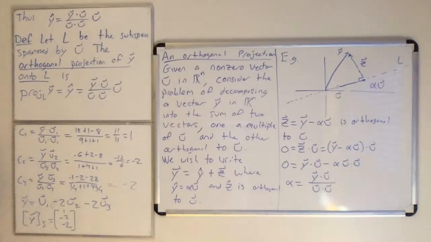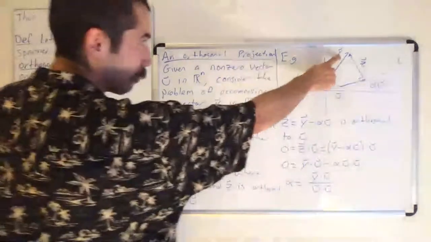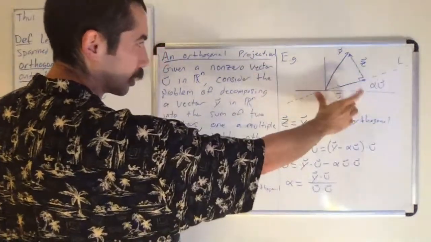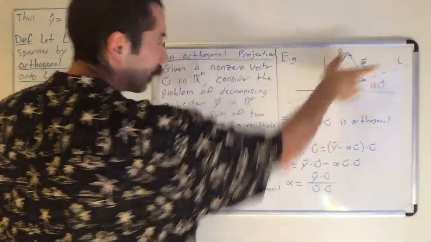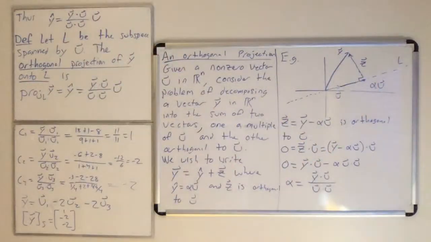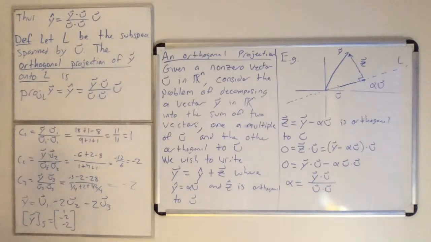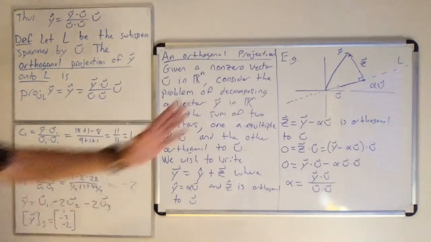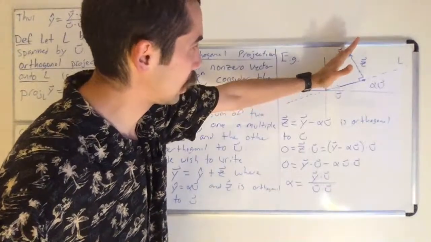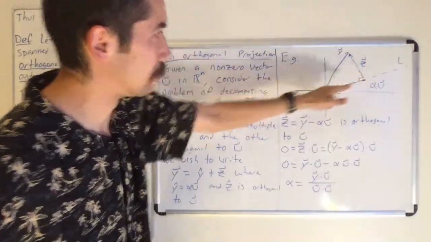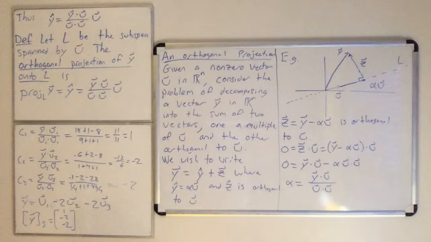Okay, so what this tells us, again, is we're going to take a vector and express it as a sum of two vectors. One is parallel to u, the other is perpendicular to u. And this tells us the parallel component. What it does is it takes our vector y and puts it down onto this subspace L, which is a line. Okay, so let's take a look at an example.